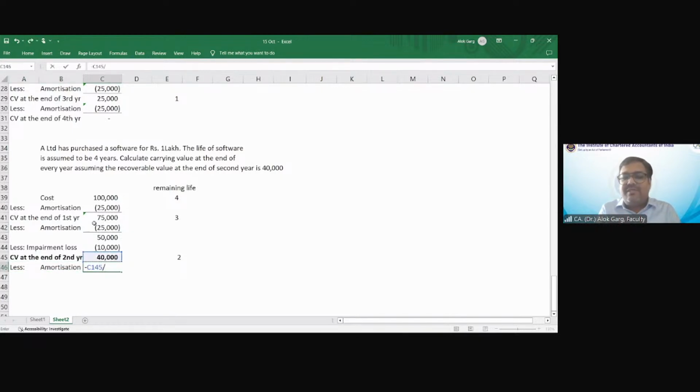Now, what is the amortization for third year? 20,000. 40,000 is the closing balance at the end of second year, or opening balance at the beginning of the third year, divided by the remaining life. So this is my carrying value at the end of third year. Now what is my amortization in the fourth year? My remaining life is 1 year, so this divided by 1.